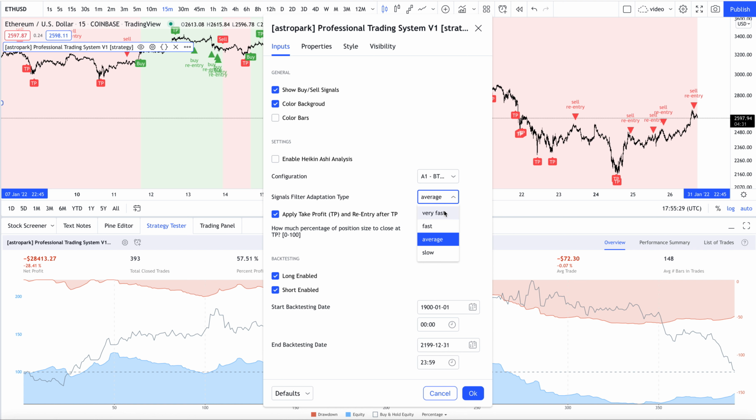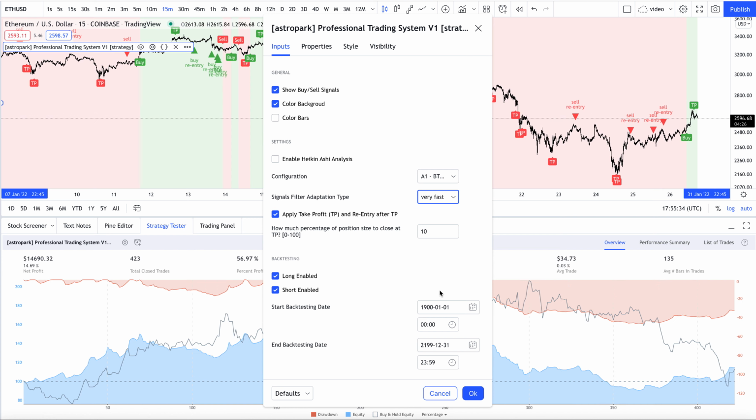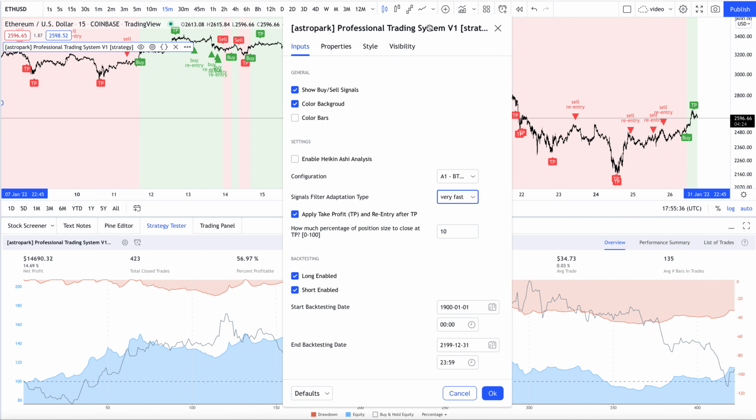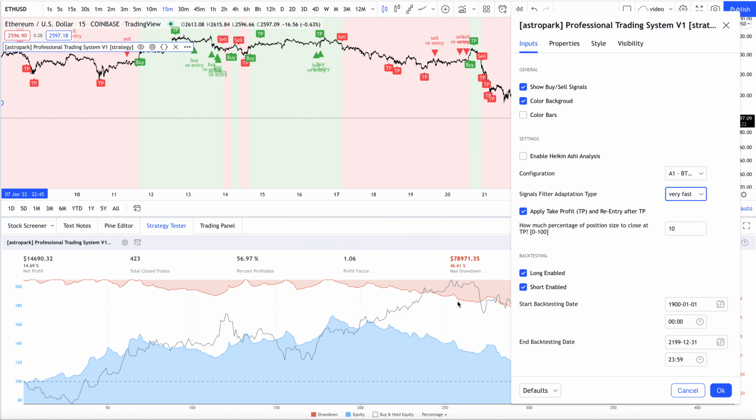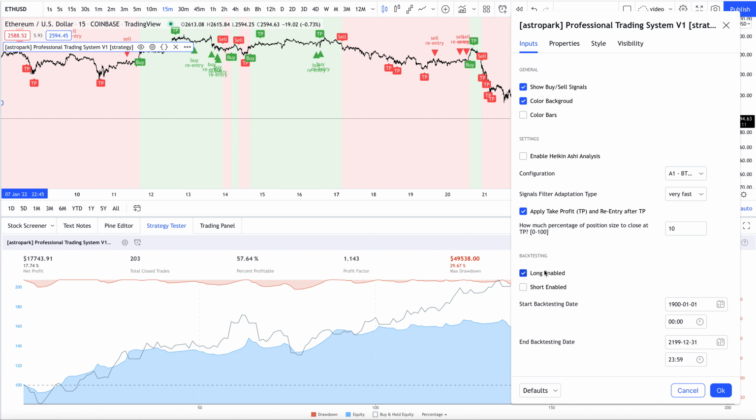So in this case, for example, just a very fast configuration enhances the results a lot.